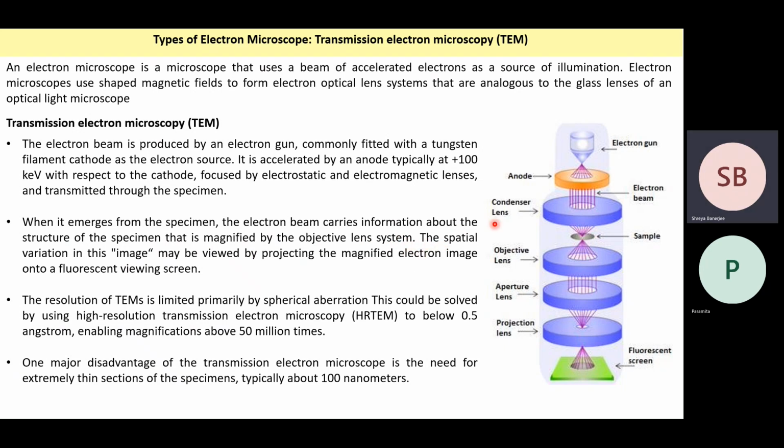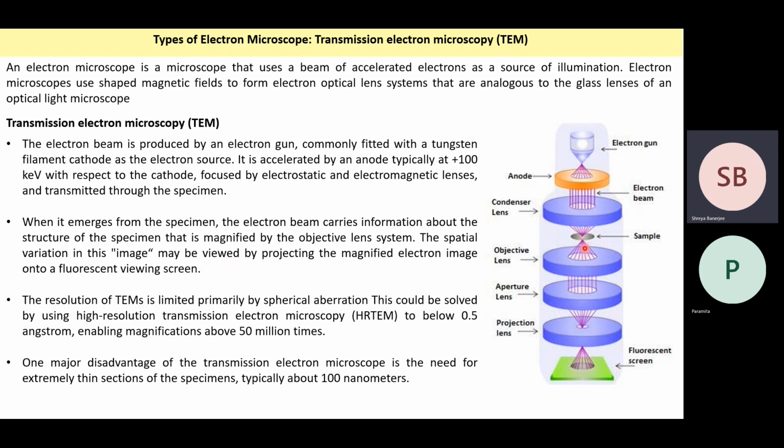So you have the electron rays which are passing through the sample. And after passing through the sample, they will carry all kinds of information like the spacing between the different cells, the shape of the cells, similar to how in the light microscope the information was carried by the rays of light.